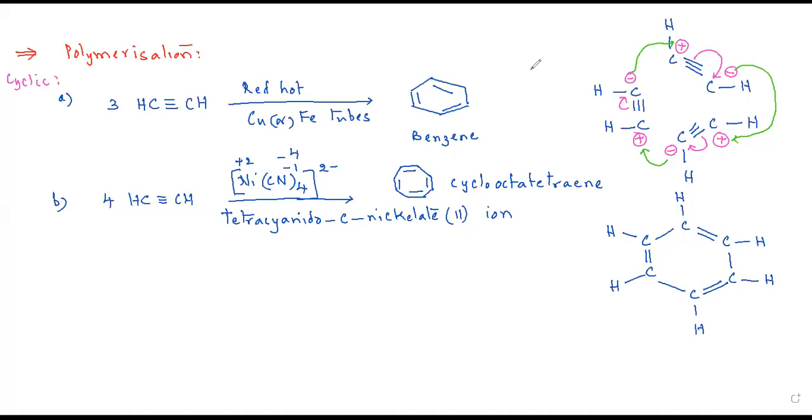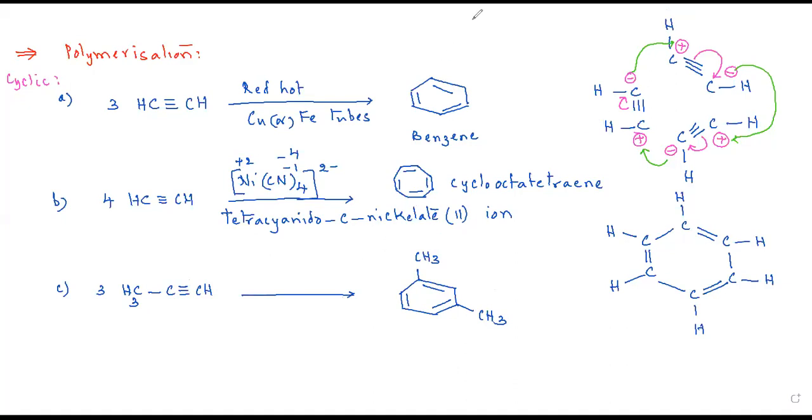Next. And if suppose propyne is considered, we get mesitylene when passed through red hot copper or iron tubes. The same polymerization, but you can just replace these hydrogens by methyl. That's it.